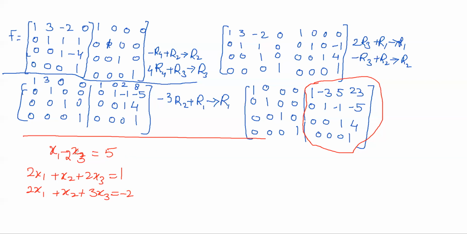This system can be written as Ax equal to B, where A is the matrix of the coefficients of x1, x2, and x3.